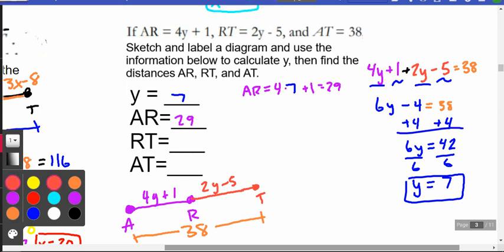RT equals 2 times our y value of 7 minus 5. 2 times 7 is 14, take away 5 is 9. And to calculate the whole, it should be 38. Let's verify. 29 plus 9 is 38. That works out.